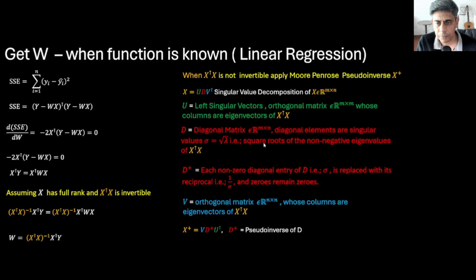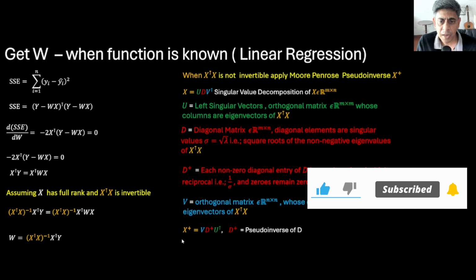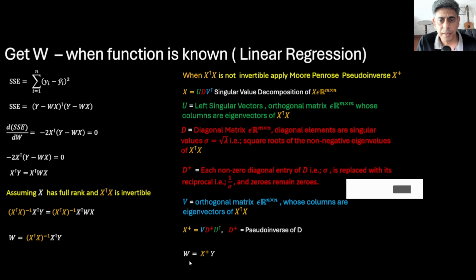This looks very complex, but I'll show you that a couple of lines of code will give you this value. Once you have this X plus, we apply the same formula, y is equal to Wx. This should have been X inverse, but because an inverse is not possible for X, we take the pseudo inverse.